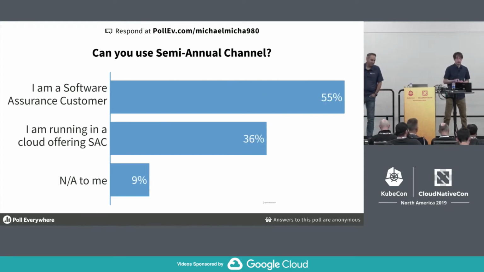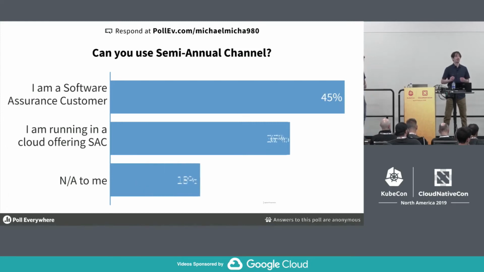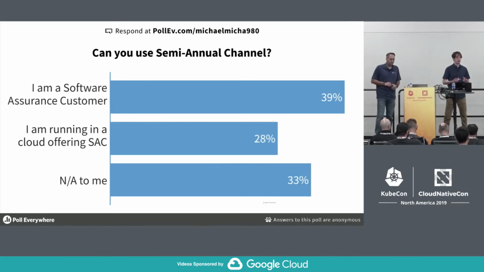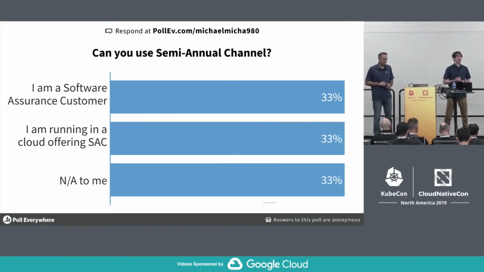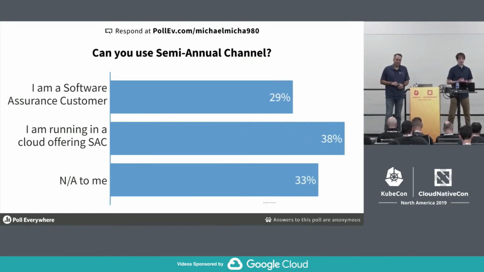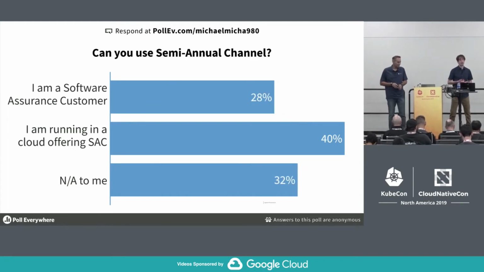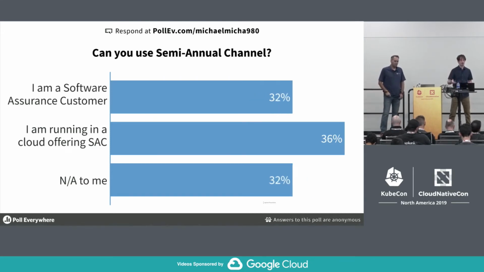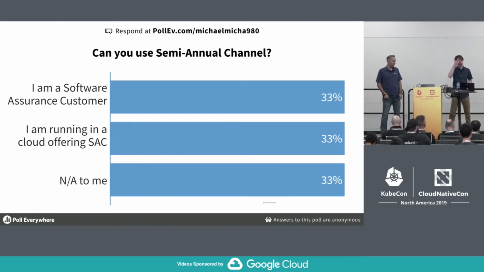Yeah. So in order to use the semi-annual channel, you have to make sure that you've got a license for it. And this is something that is licensed 2 ways. If you're an on-prem customer, you can get it as part of your Microsoft software assurance options. And it's also provided to service providers so that you can run it on your choice of AWS, Azure, Google, and other clouds can license this as well on your behalf.